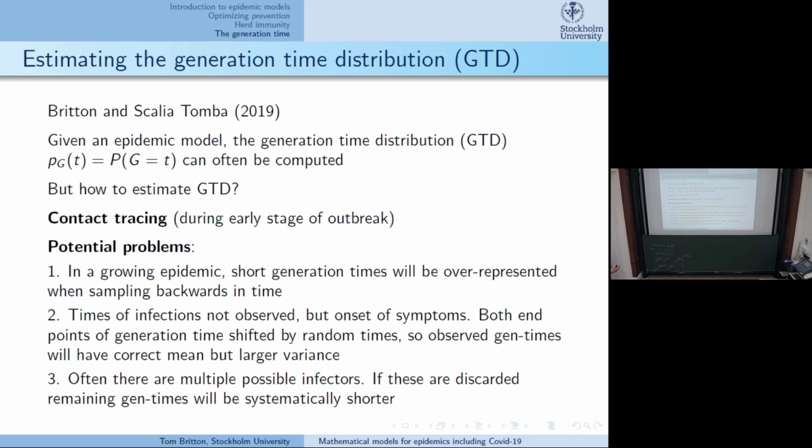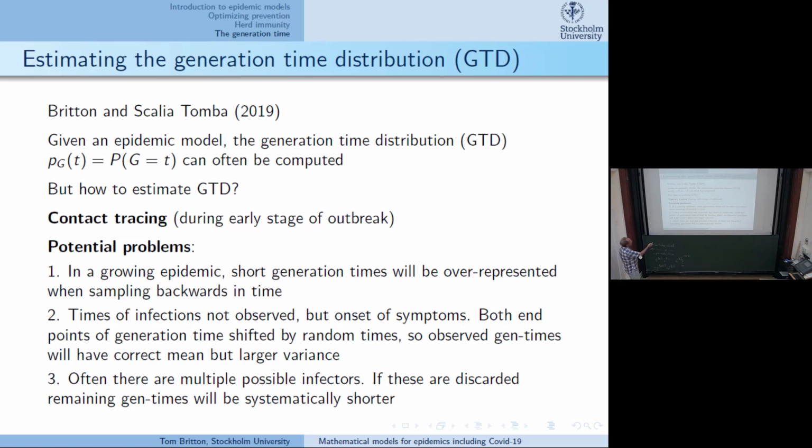The problem is that the ones that you keep will, if you think about it and have a mathematical model, typically be shorter than the average contact, because if you have a long duration, it's more likely that you would have had another contact in between. So the short ones will be overrepresented. That you can show in a model.